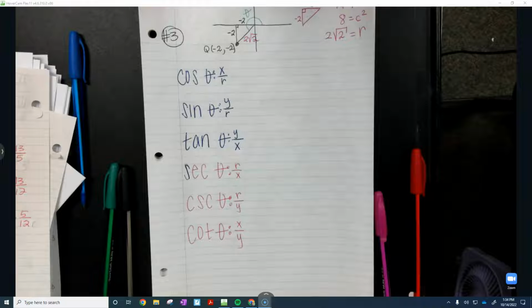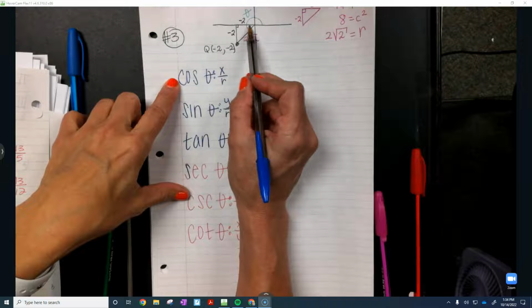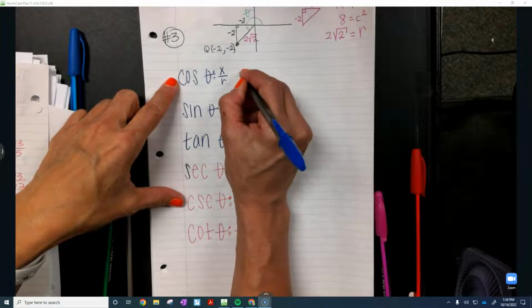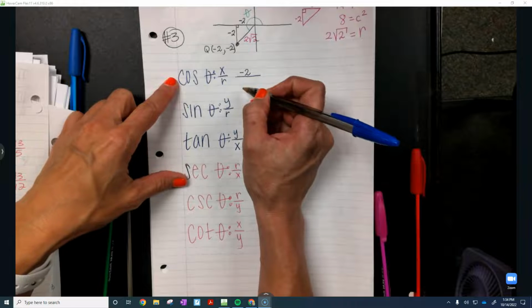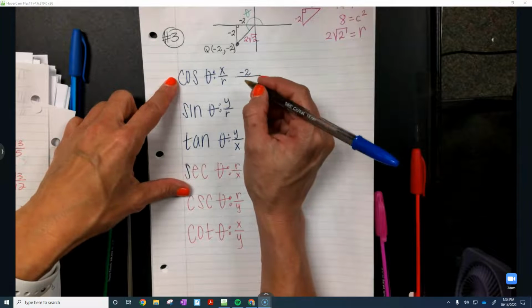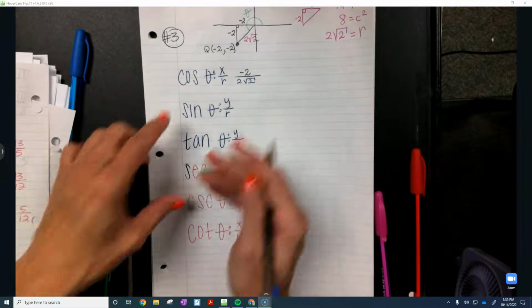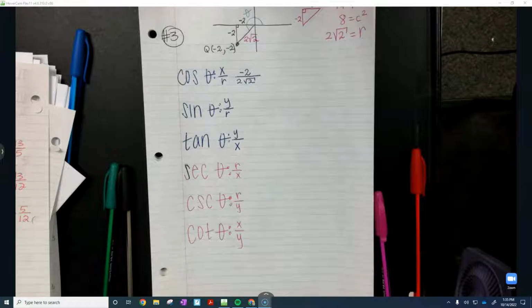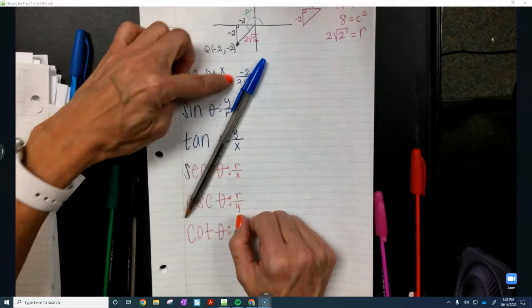All right, let's hop back up to the top, guys. So for cosine, remember x was a -2. This is going to be -2 over what? What's the radius? Oh, hello, rat demon. You got a square root in the denominator. You cannot have that. Look, guys, before we talk about that rat demon, simplify these 2's.